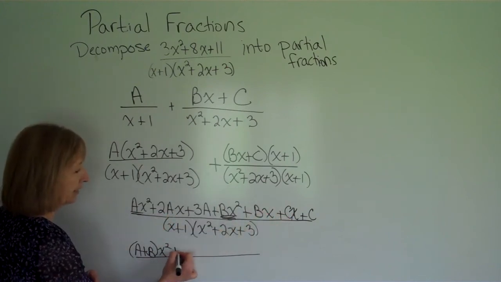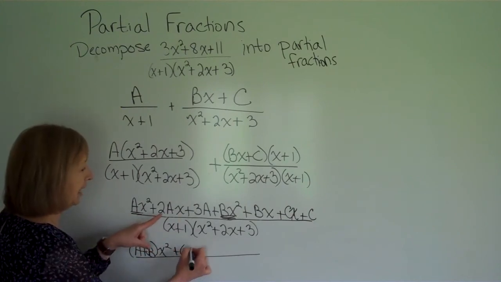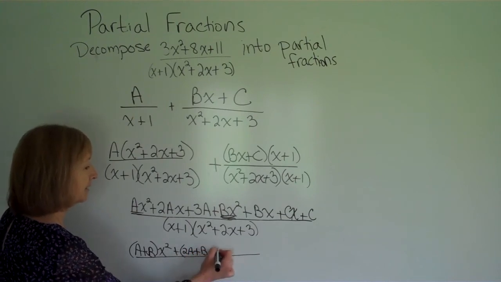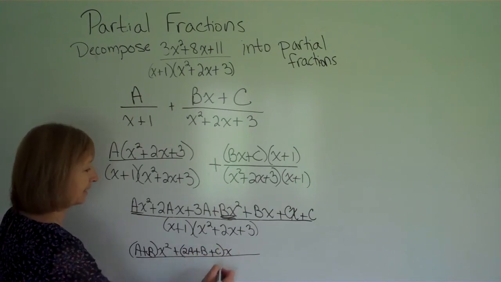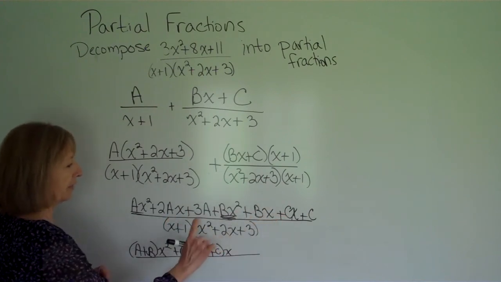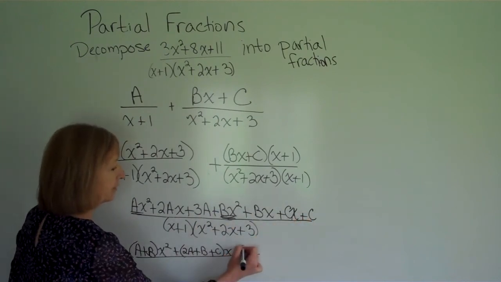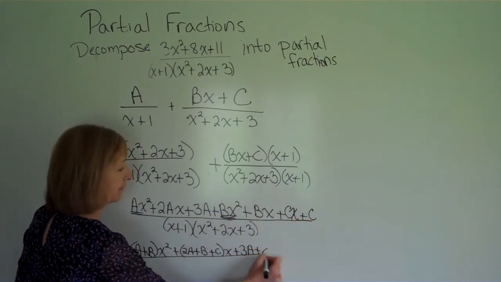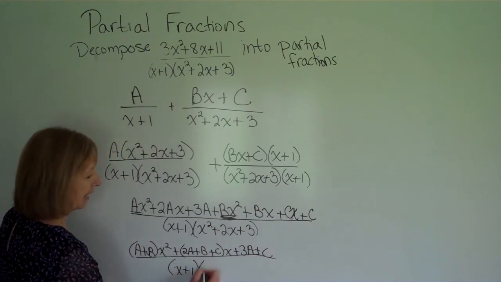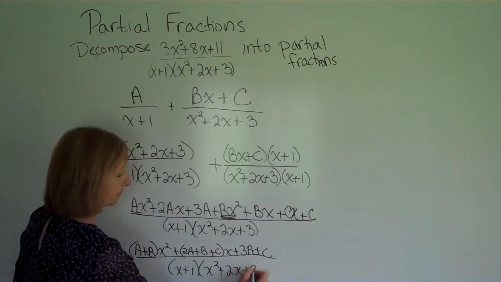So I go plus, and think about factoring the x out the back. So that's 2a plus b plus c all times x. And that takes care of this term, and that term. And then I have 3a plus c. So plus 3a plus c. And that's all over the x plus 1 times the x squared plus 2x plus 3.